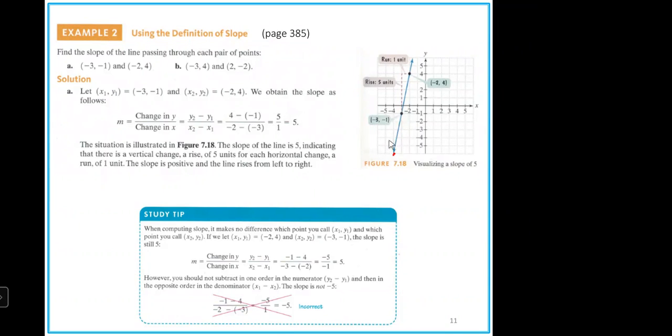Now you could have started here and gone all the way up and then across. In that case, you would have 1, 2, 3, 4, 5, 6, 7, 8, 9, 10 up, and then 2 across.